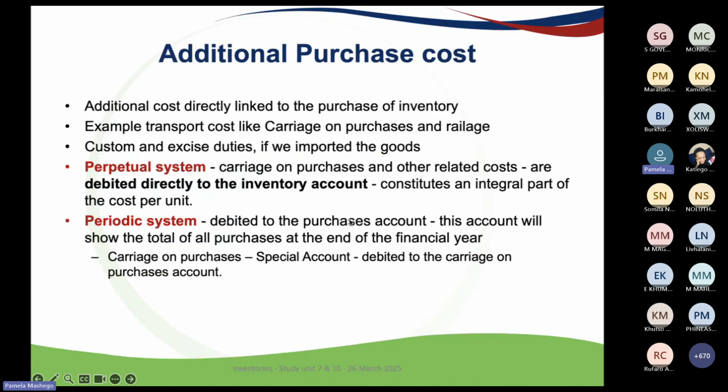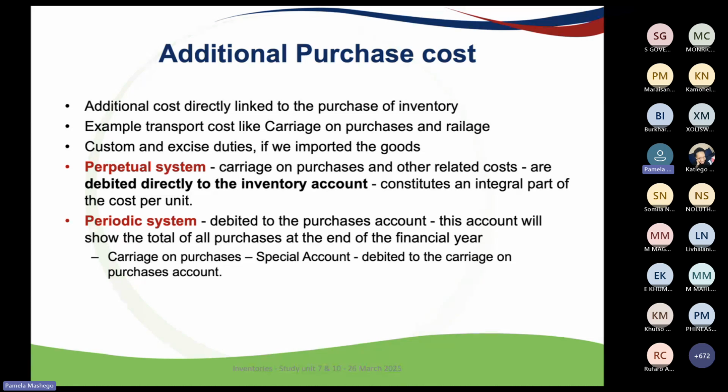So, additional purchase costs. With every inventory that you buy, you will also incur other costs. The most common one will be transport cost, or carriage on purchases, or it can be customs and excise duties if you imported the goods. And these additional costs are treated differently for each inventory system. So in the perpetual system, transport costs like carriage on purchases and other related costs are debited directly to the inventory account.